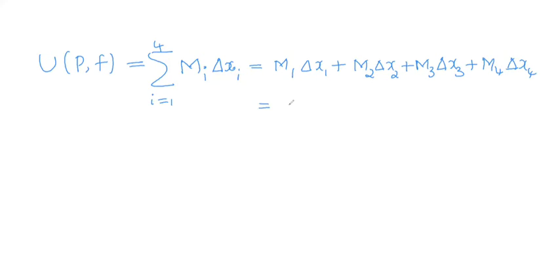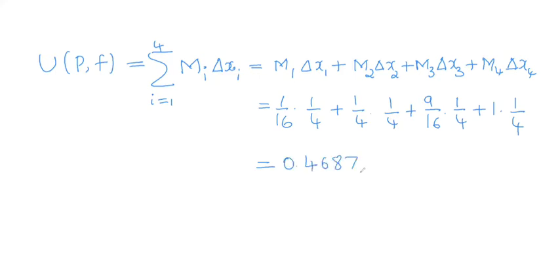The first one is 1 by 16 into 1 by 4, then 1 by 4 into 1 by 4, M3 is 9 by 16 into 1 by 4, and M4 is 1 into 1 by 4. The final value of this is 0.4687. So this is the upper Riemann sum with respect to the partition.